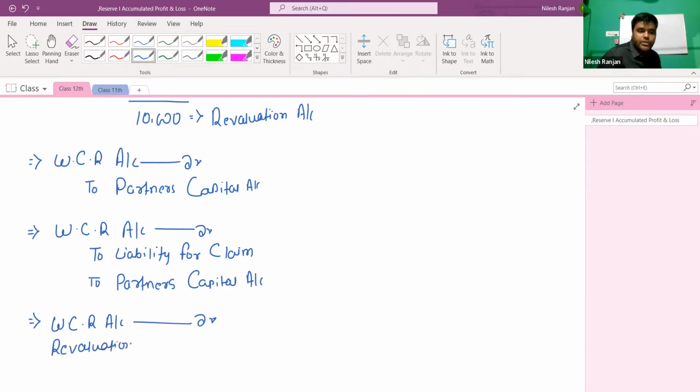So revaluation account debit to workman compensation claim account.